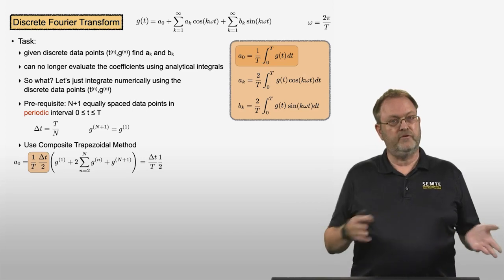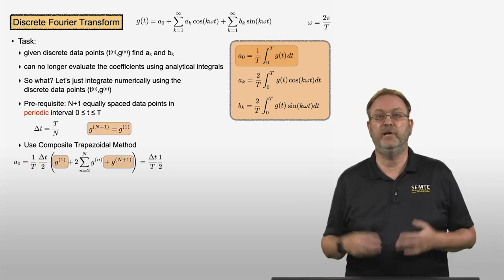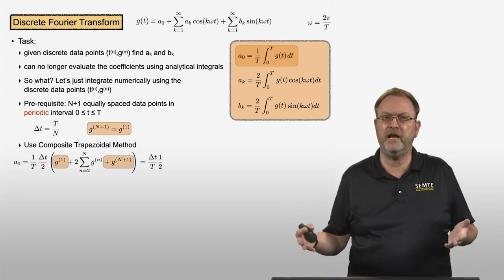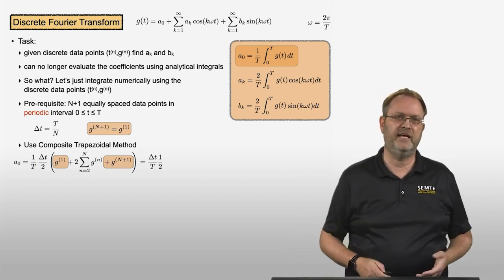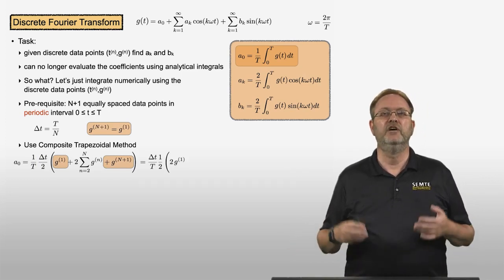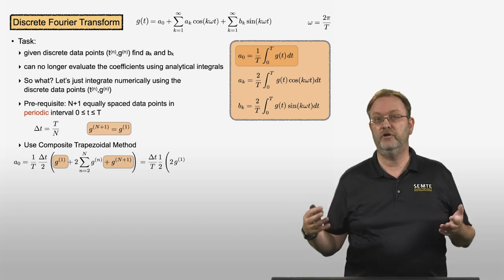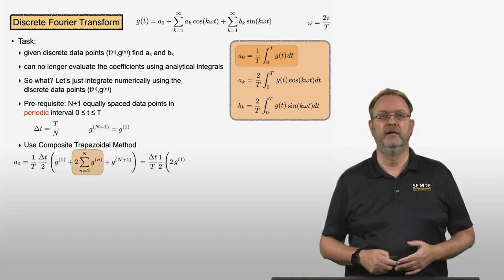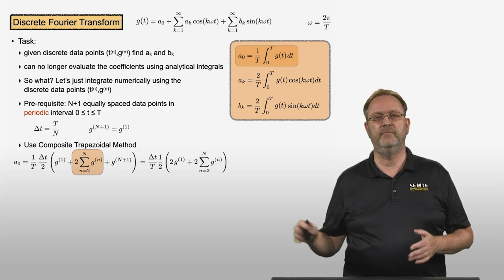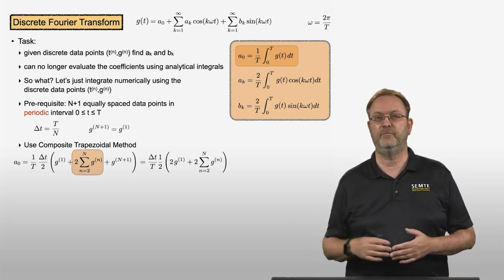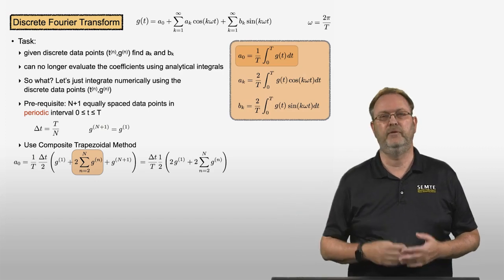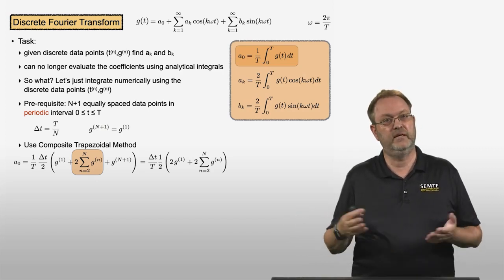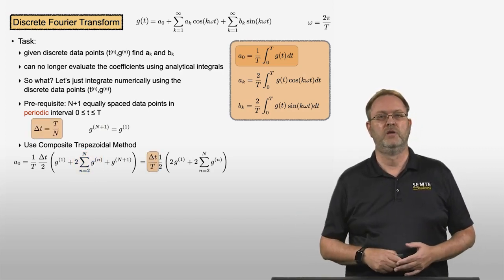So let me copy the first part over, and then because the data is periodic, meaning that the last data point value has to be equal to the first data point value, this is just 2 times the first data point value g1, plus this sum here, 2 times all the other data point values, with the exception of the very last data point, because that's included in and equal to the first data point.